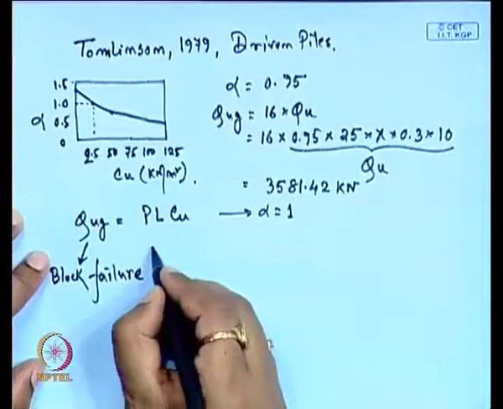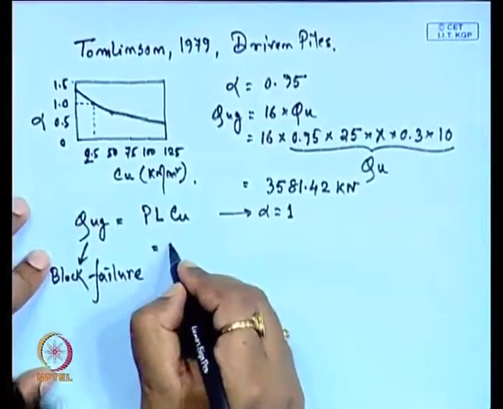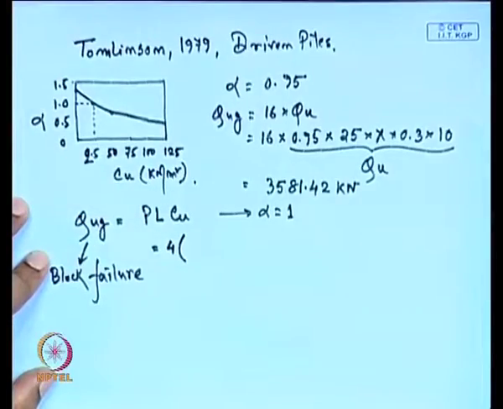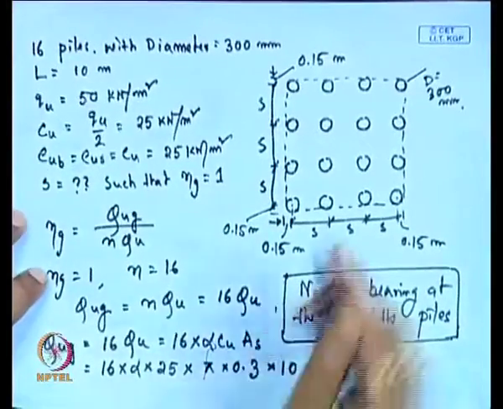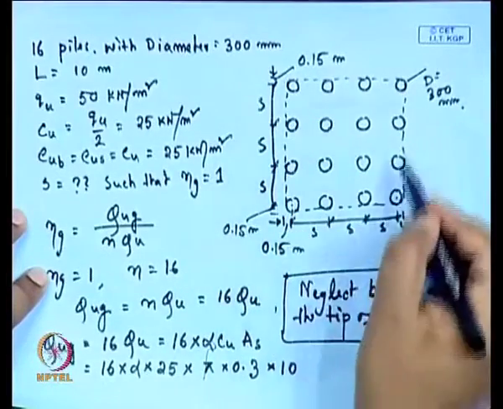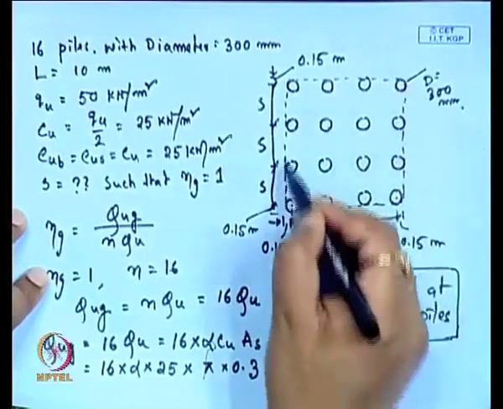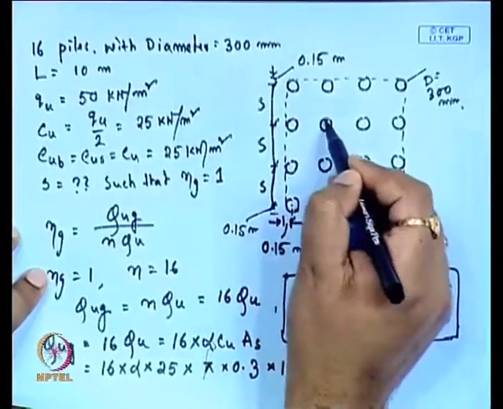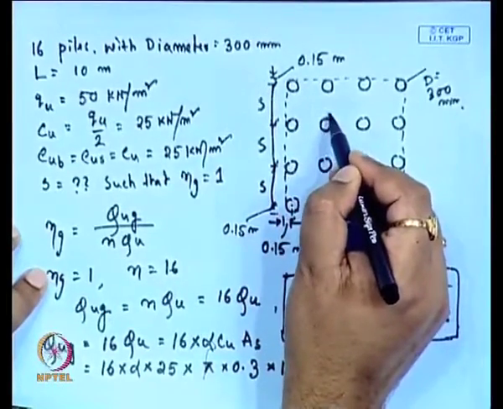Now, we can write the perimeter P as 4 into 3S, because in the block failure most of the surface interaction is soil to soil, while for individual piles it is between soil and pile.